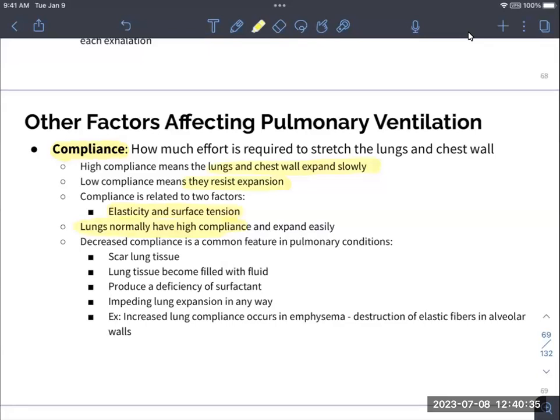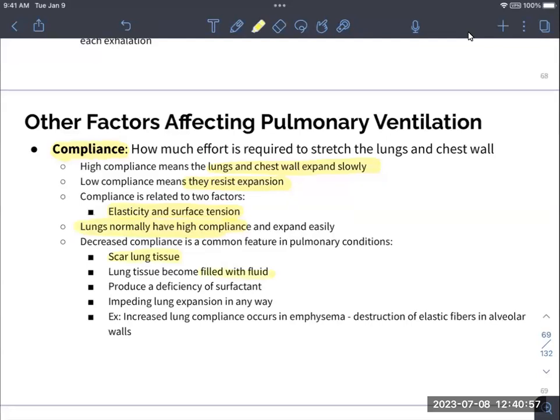There's things that can cause decreased compliance so the lungs don't expand as easily. If there's any kind of scar tissue on the lungs, scar tissue is made of connective tissue and it doesn't stretch as easily as your lungs do.